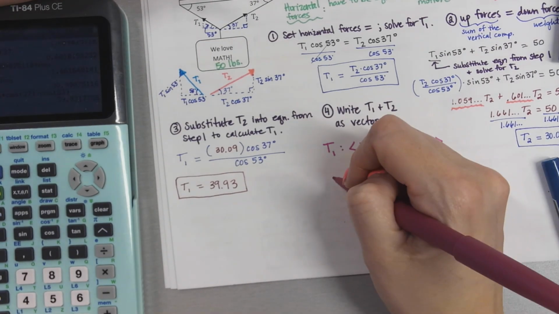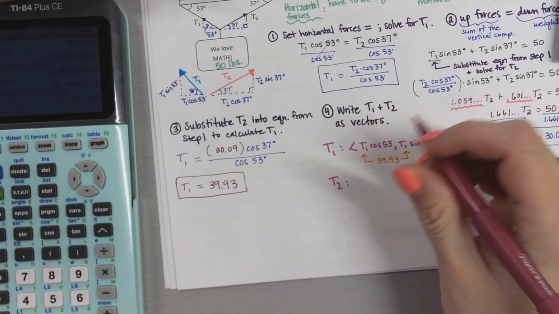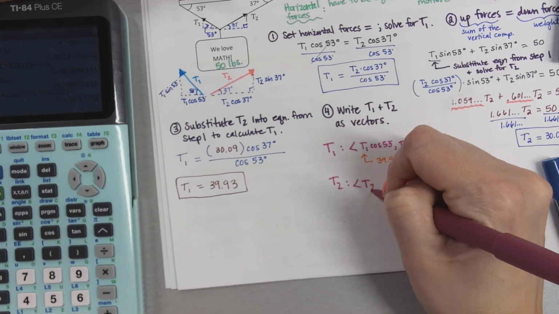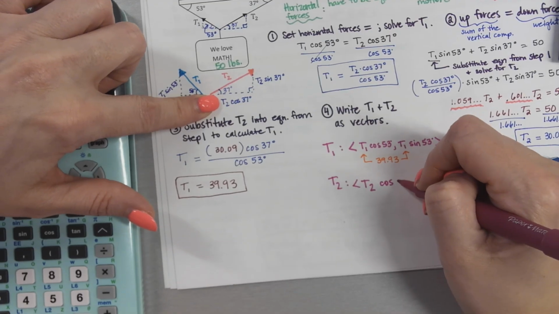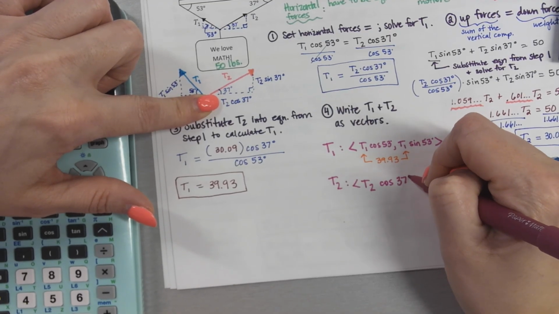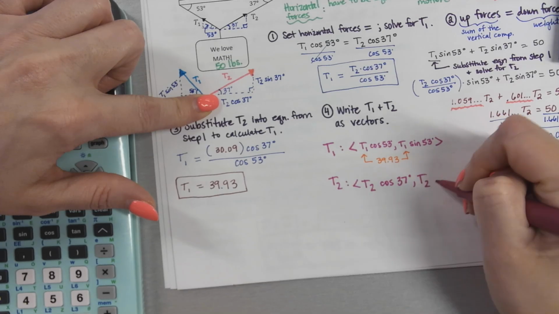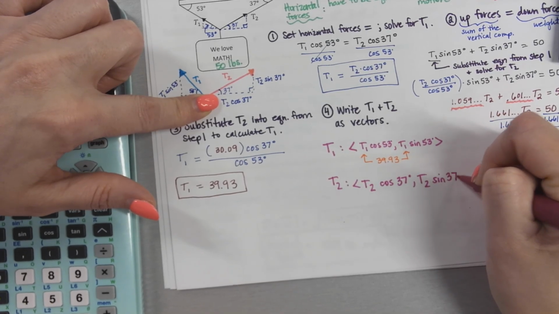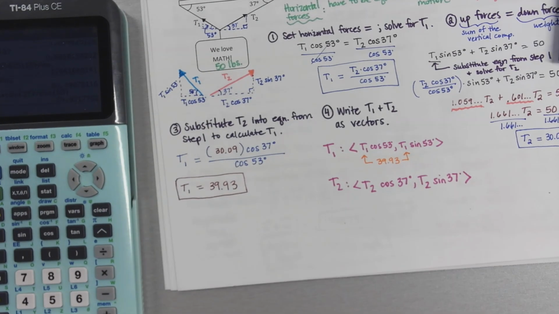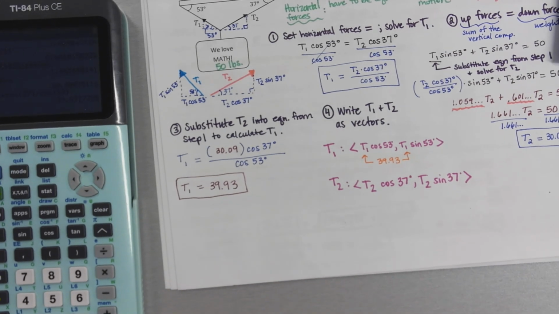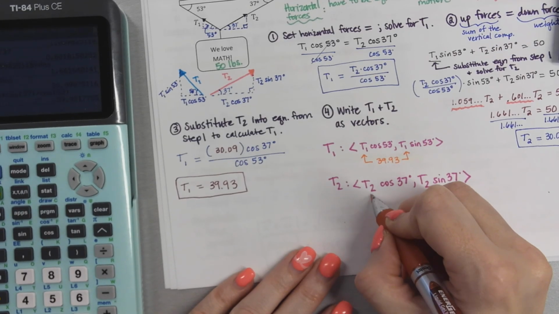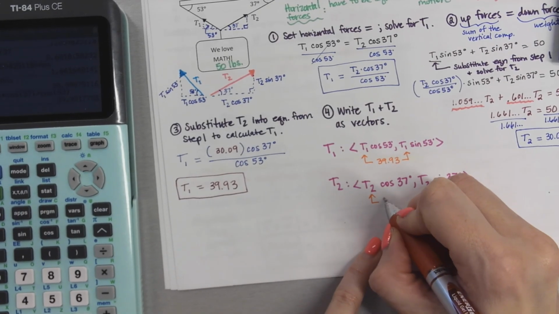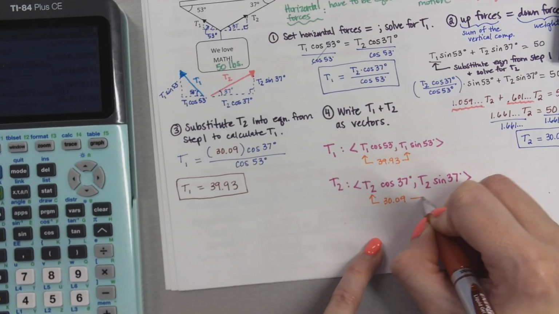And then for t sub 2, our horizontal component is t sub 2 cosine of 37, t sub 2 sine of 37. Our t sub 2 is 30.09.